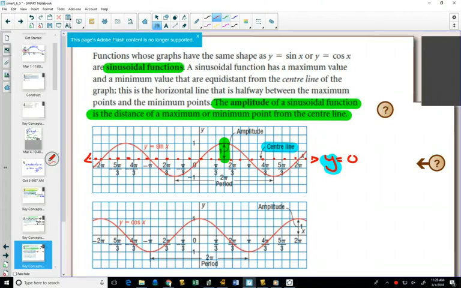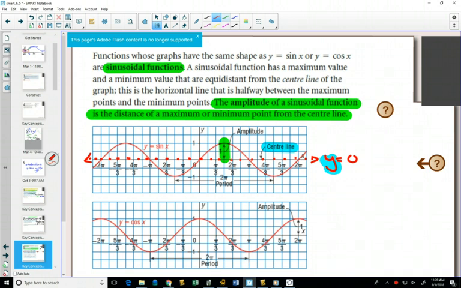Of course, we're going to do all the transformations that we did with our other graphs with our sine and cosine graphs as well. So we're going to have to get used to how we use the amplitude, the center line, and the period to graph our functions. Instead of using our transformations from left to right, we're going to use these characteristics to help us graph it quicker.